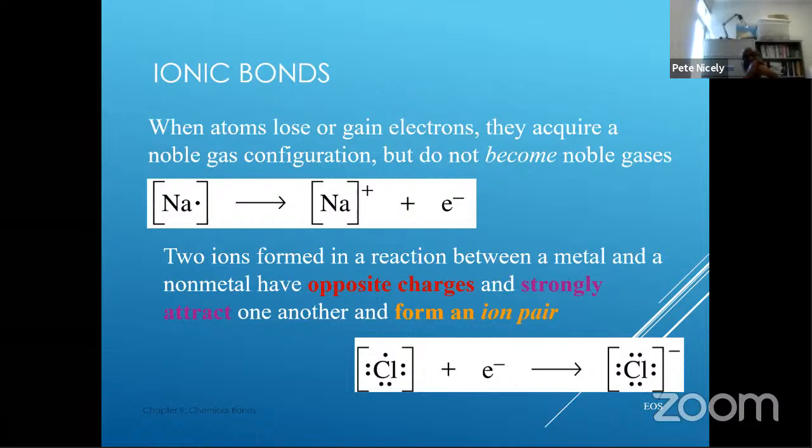And because the force of attraction between them is so strong, this imparts certain properties to these compounds. For example, ionic compounds like sodium chloride have very high melting points, all right? They also have very high boiling points. They tend to be hard, all right? And they do not conduct electricity in the solid state.